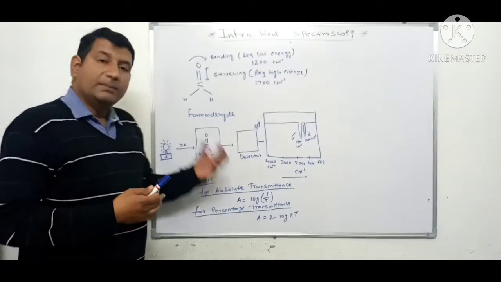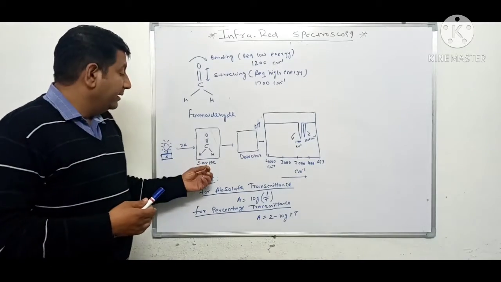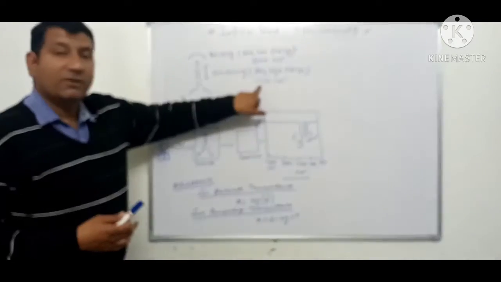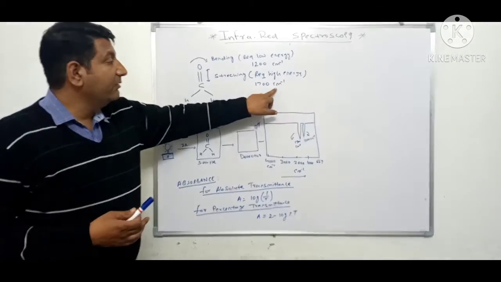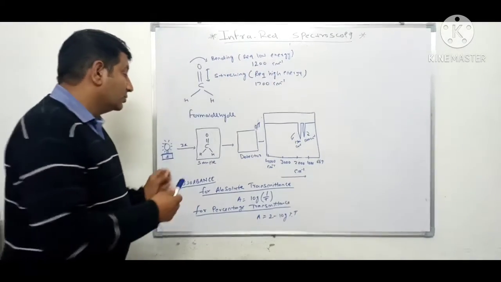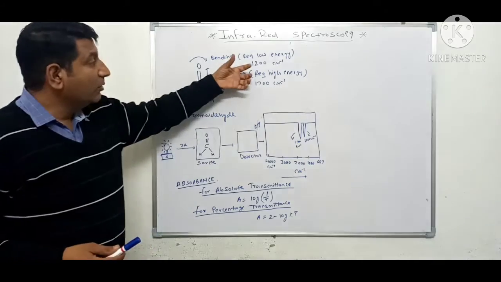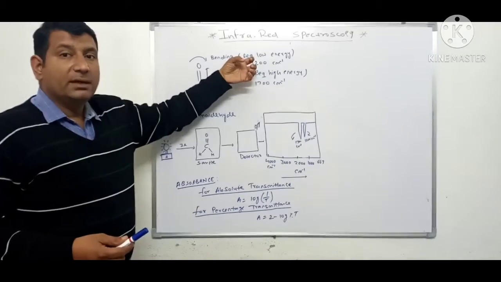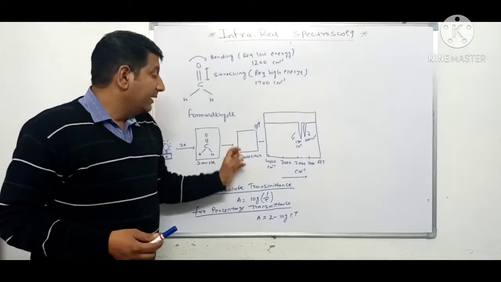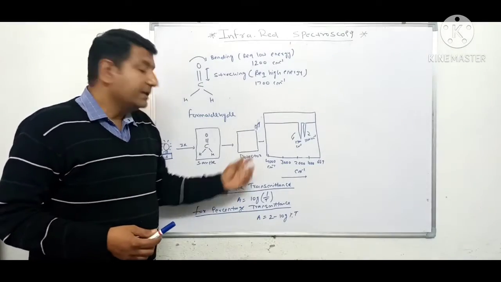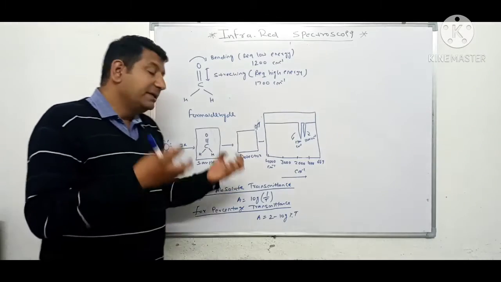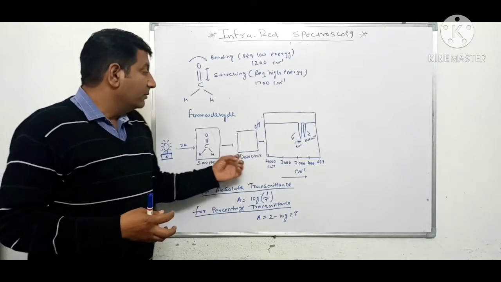Now this sample absorbs the IR radiation, and in this sample we have seen that there is a stretching vibration of 1700 centimeter inverse and a bending vibration of 1200 centimeter inverse. So this amount of energy is absorbed by the compound, and the rest is transmitted and goes to the detector. The detector detects the amount of light which is transmitted by the sample.